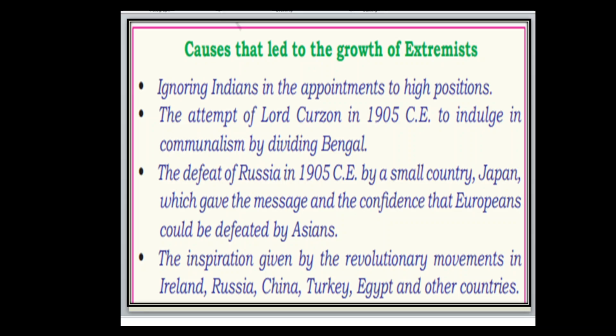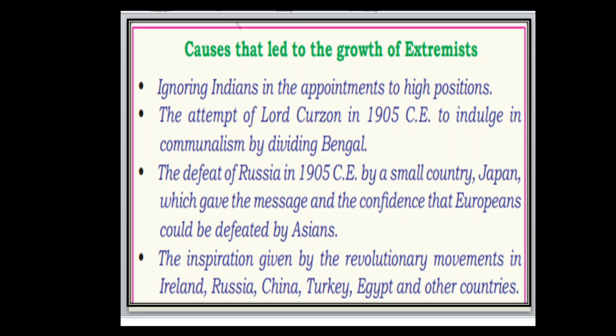Now come to the causes of why the extremists came into existence. The first is that the Britishers ignored Indians for appointment to higher positions. Lord Curzon was the viceroy when the extremist phase began in 1905.